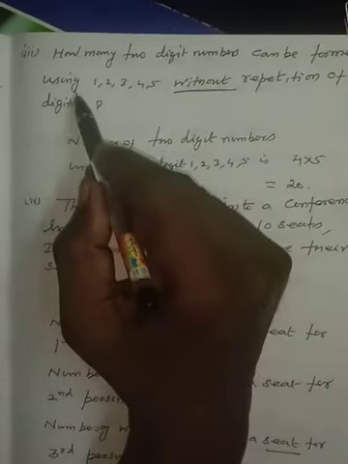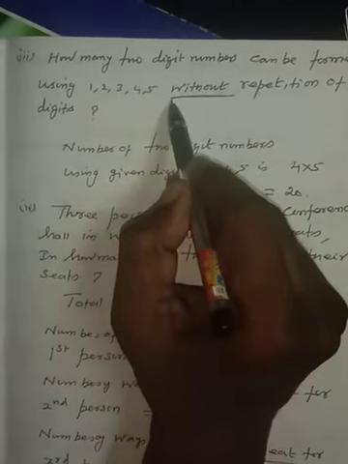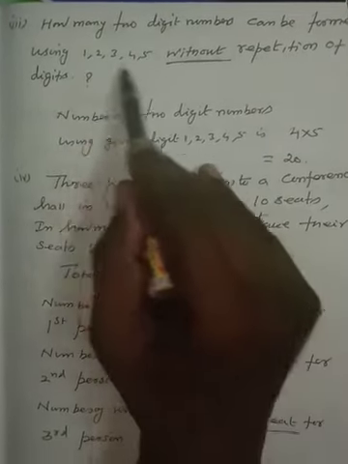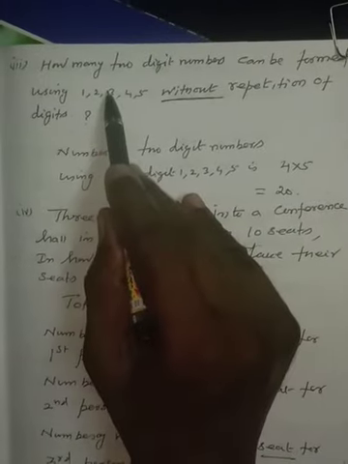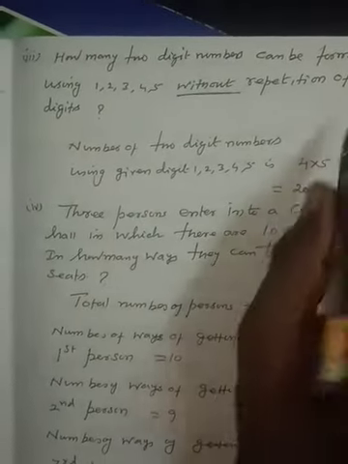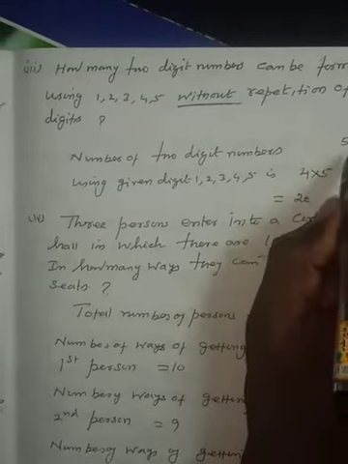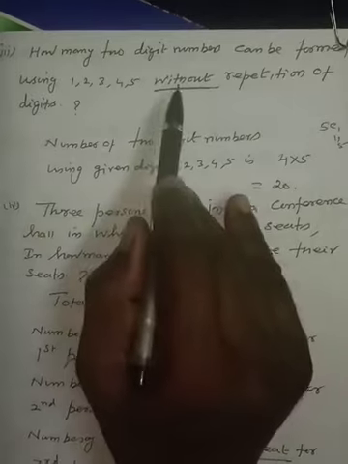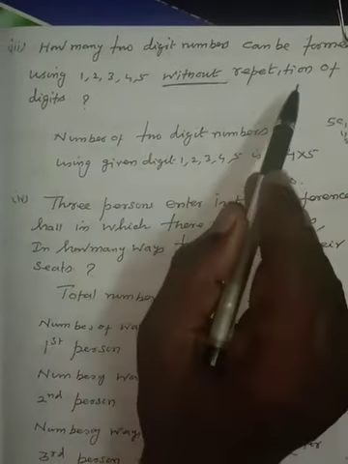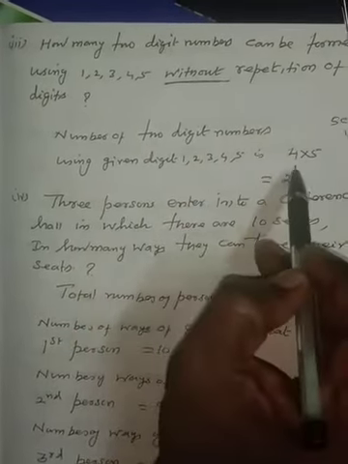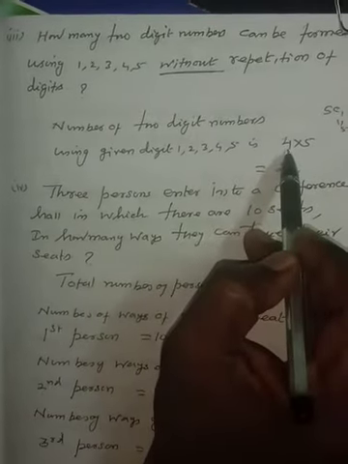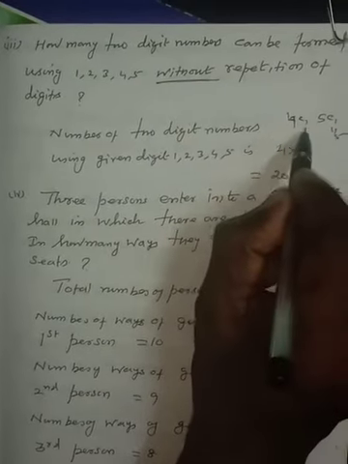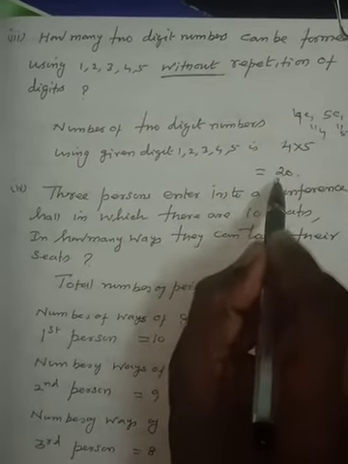But here, using 1, 2, 3, 4, 5 without repetition, first we take one digit from 5, which is 5C1, equal to 5. Next, repetition is not allowed, so we subtract 1 from 5, giving 4C1, which is 4. So 5 into 4 is 20 ways.